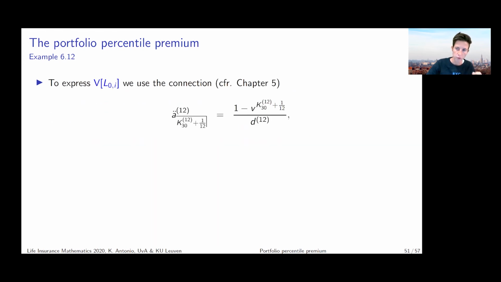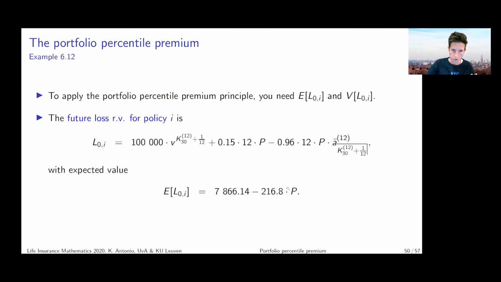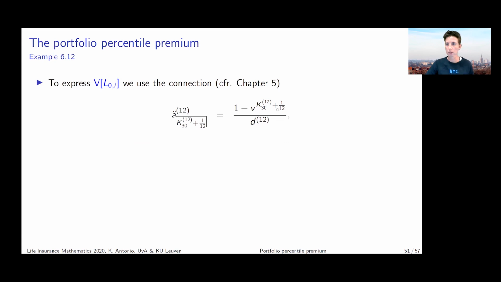But first, I need to know what the variance of this future loss random variable is. In order to get the variance, I will rewrite my present value random variable over here using the endowment identity that we used earlier on today.